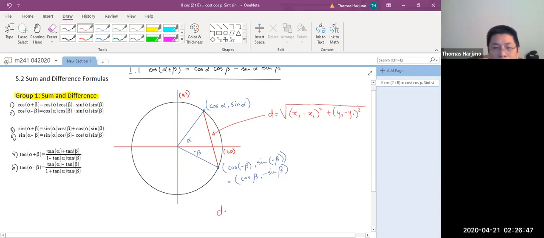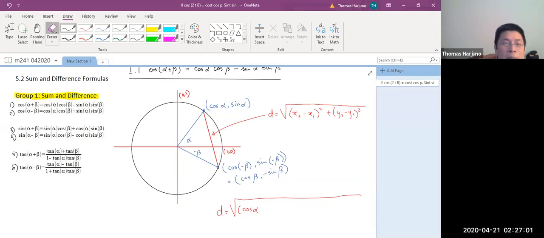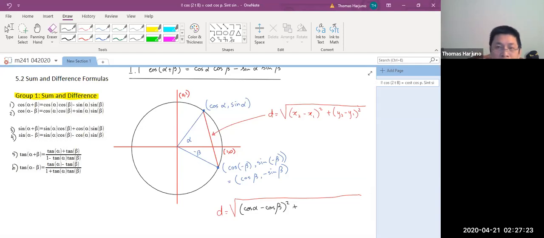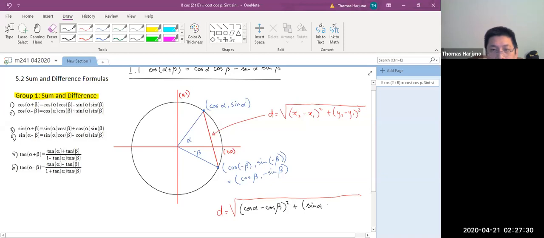So the distance equals the square root of x2 minus x1, quantity squared, plus y2 minus y1, quantity squared. y2 will be sine alpha, minus y1, which is negative, so it becomes plus sine beta, squared.